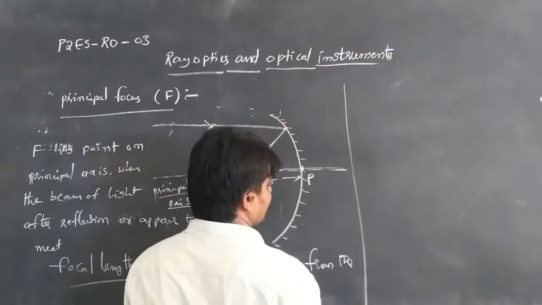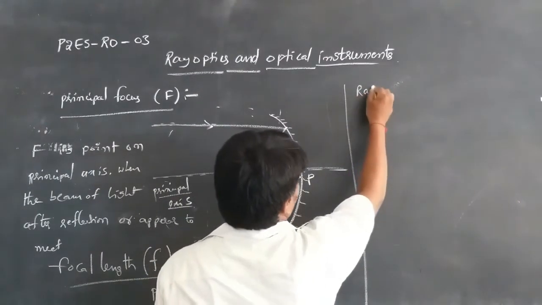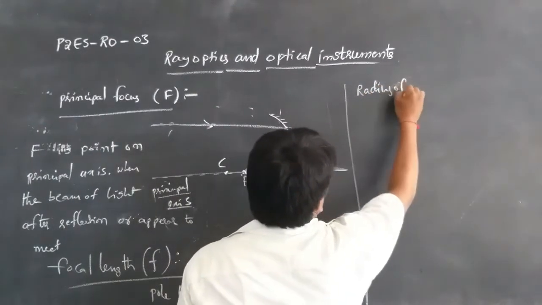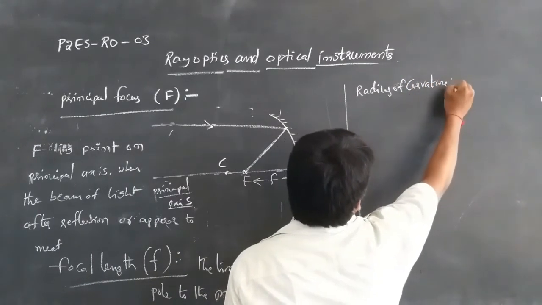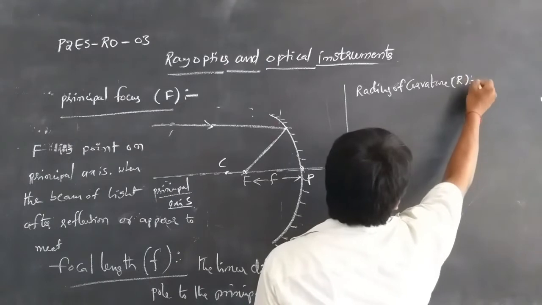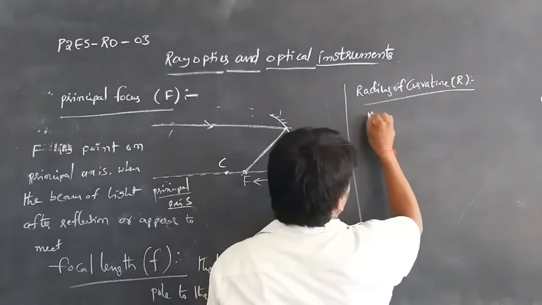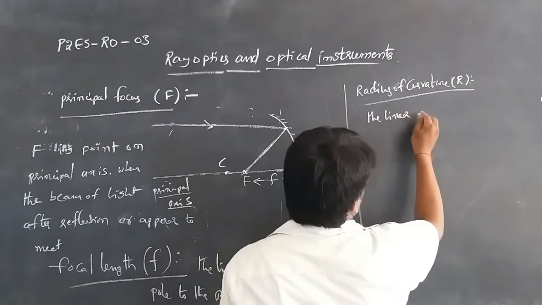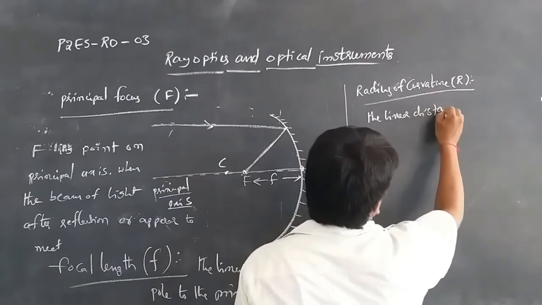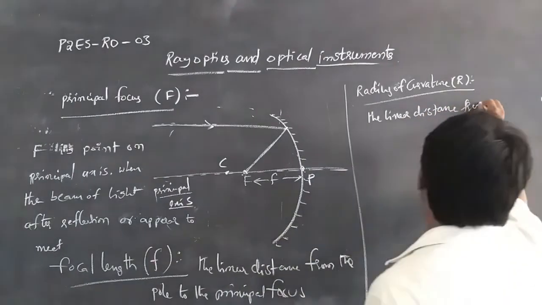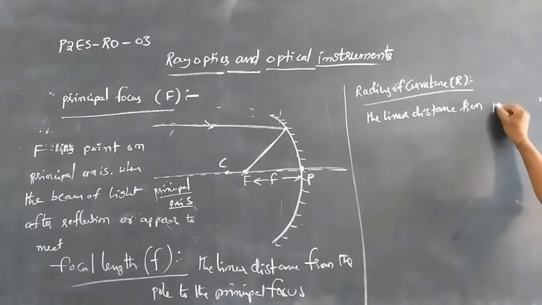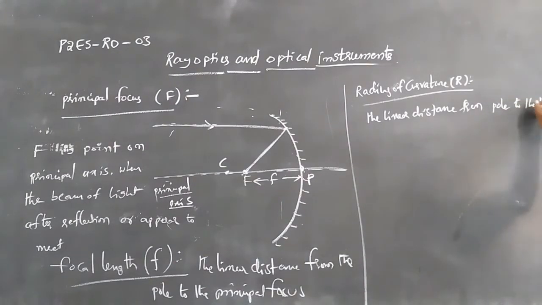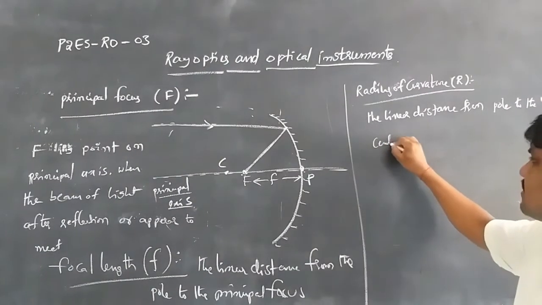Next, we are going to learn the radius of curvature. It is denoted with R. It means the linear distance from the pole to the center of curvature.